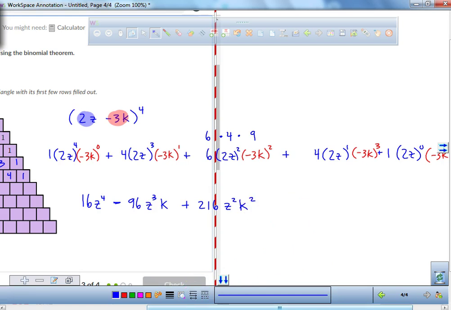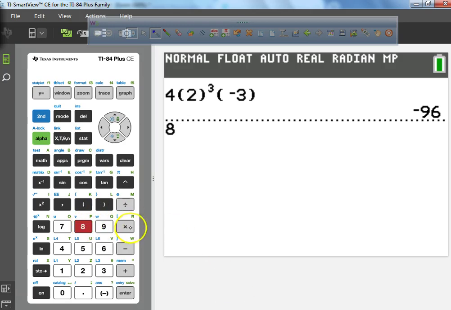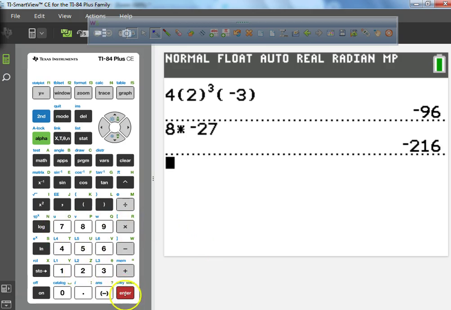On the previous one, what did I multiply together? 4 times 8 times negative 3, which got us negative 96. What do we multiply together here? We have 4 times 2 to the first times negative 3 times negative 3 times negative 3, which is negative 27. So 8 times negative 27 gets us negative 216.